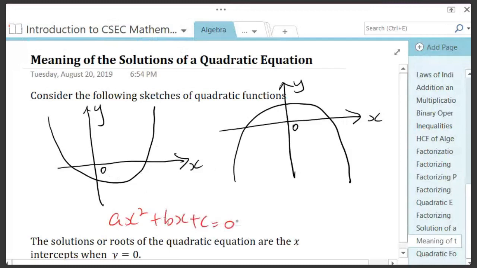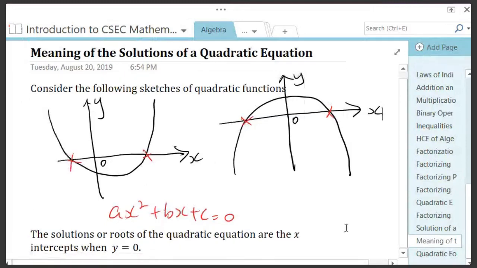The y value is 0. So what you're finding here are the x-intercepts. All right, so those solutions that you're finding here are the x-intercepts. So we call them solutions or roots of the quadratic equation, the x-intercepts that occur at y is equal to 0. Everybody clear with that?